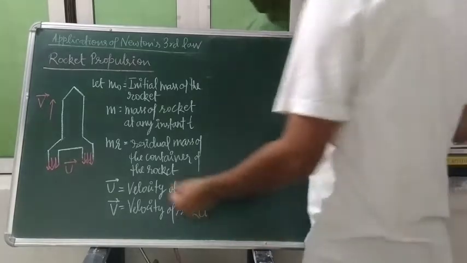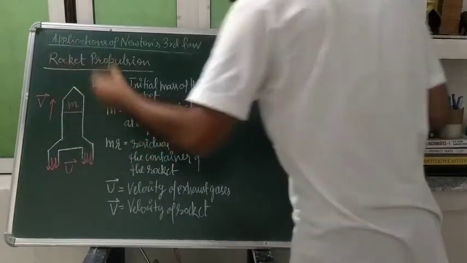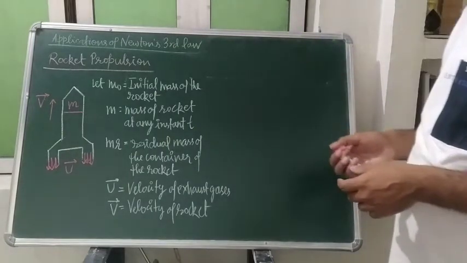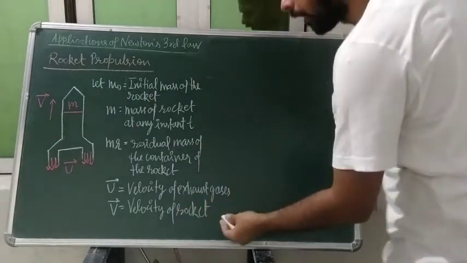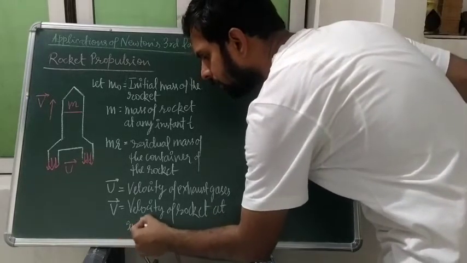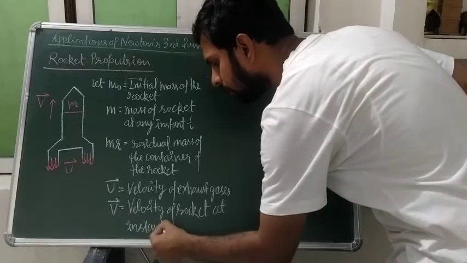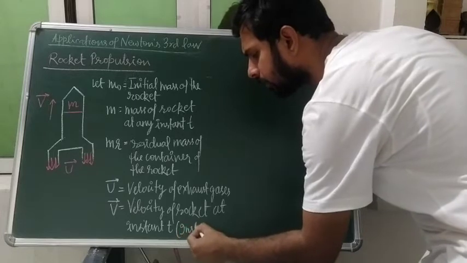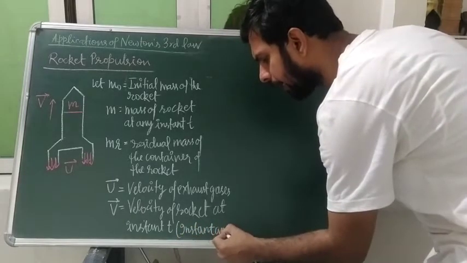And small m is the mass of the rocket at any instant t, and this capital V you can say is the velocity of the rocket at instant t, or the instantaneous velocity.